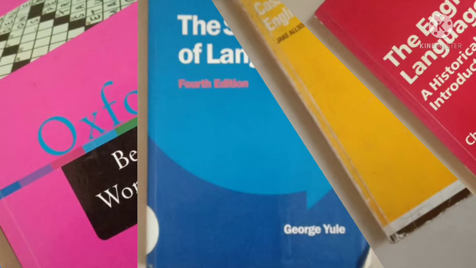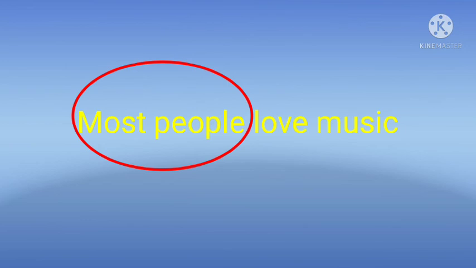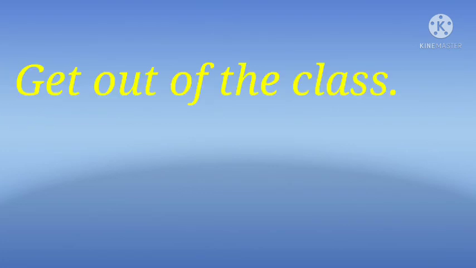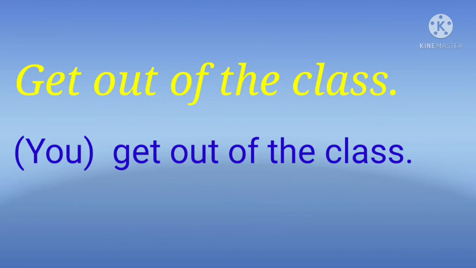The subject of a sentence is quite often expressed, but sometimes it will be only implied. For example, if I say, get out of the class, here, the subject is actually you. What I mean is, you get out of the class. Shut up.